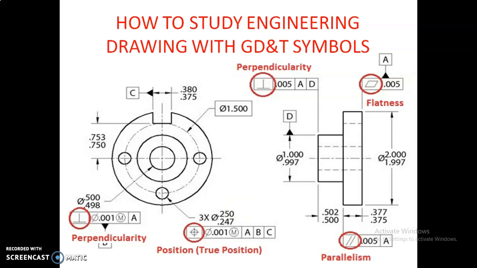In the control frame, firstly there is the GD&T symbol, then the diameter symbol, then M, which stands for maximum material condition, then A, B, and C as the primary, secondary, and tertiary datums. This is how the control frame is made.